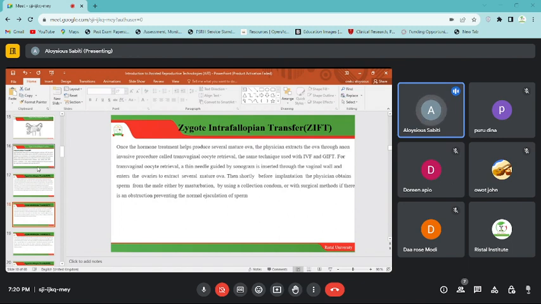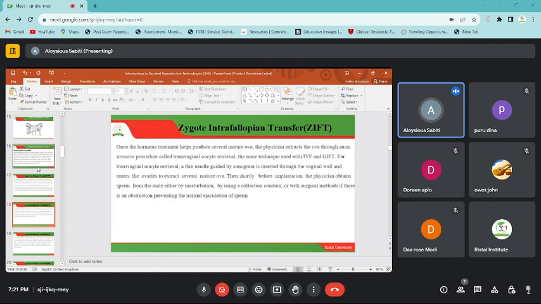Then shortly before implantation, the physician obtains the sperm from the male either by masturbation, by using a collection condom, or with surgical methods if there is an obstruction preventing the normal ejaculation of sperm.